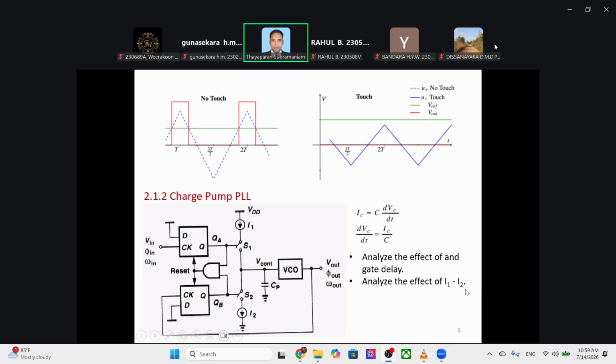Analyze the effect of I1 minus I2. What will happen if these two current sources are not matching? If there is a slight difference, that difference is going to affect the charge stored in CP. Either CP is going to get charged or it is going to discharge.